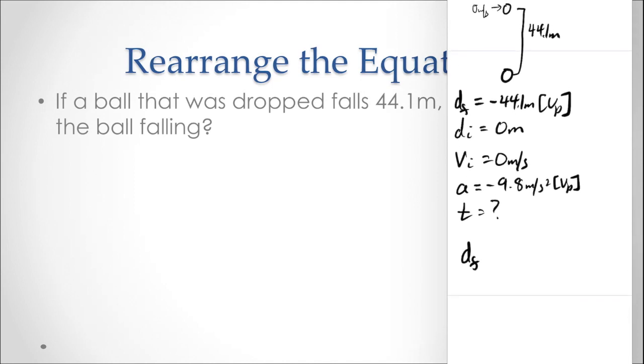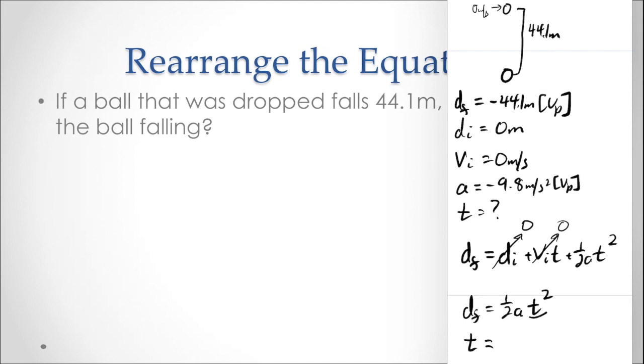Our displacement equation, which equals di plus vit plus 1/2 a t squared. Here, luckily, our initial conditions are both 0, so these terms actually disappear, and we are left with df equals 1/2 a t squared. Solving for time, we have our time is equal to the square root of 2 times df over a.